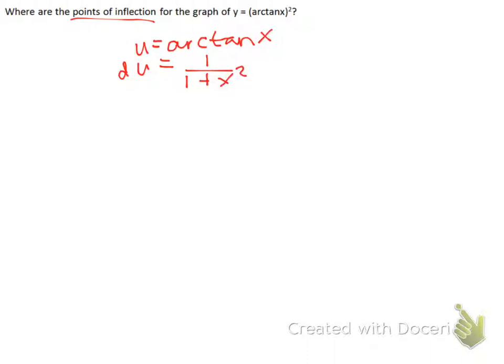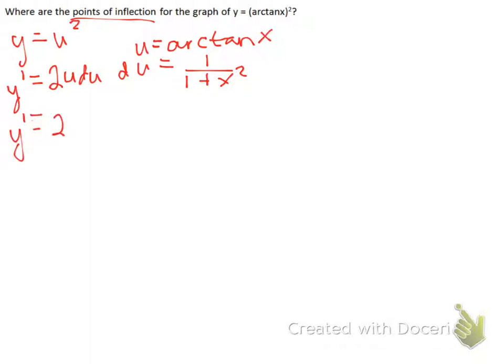So let's plug these values into what would have been the original function, y equals u squared. Well, now I want y prime, which is going to be the derivative. Of course, we know that that's simply going to be 2 times u du. Let's plug in what we know for u and du.